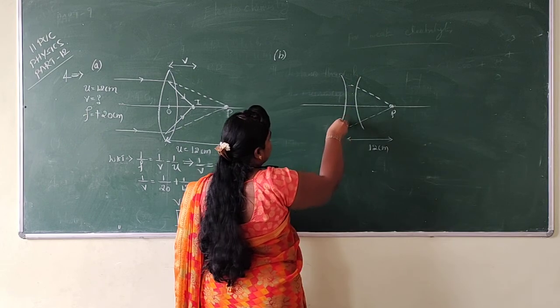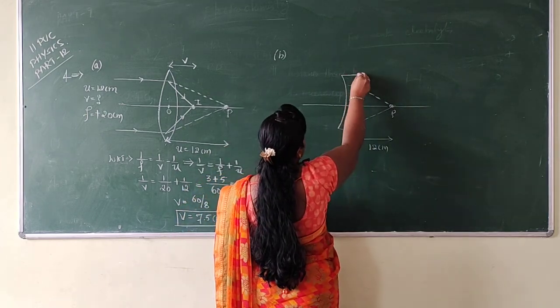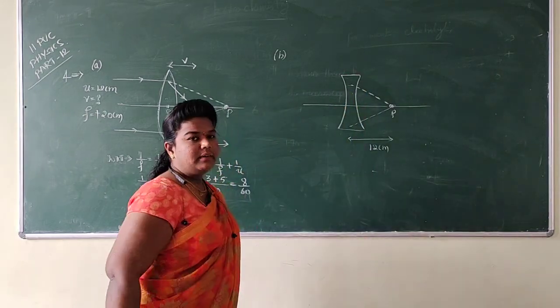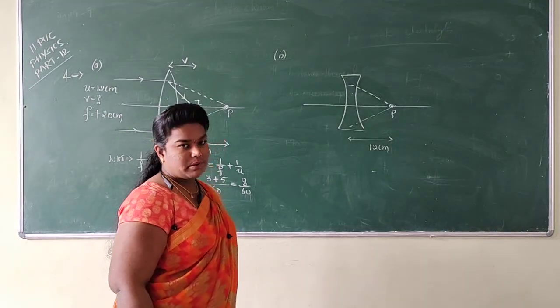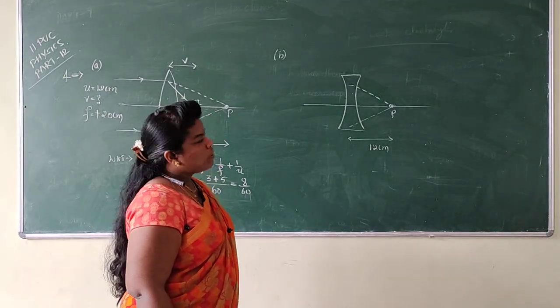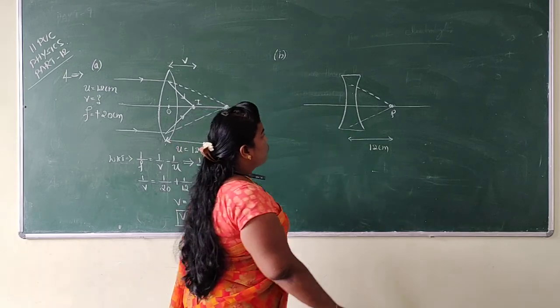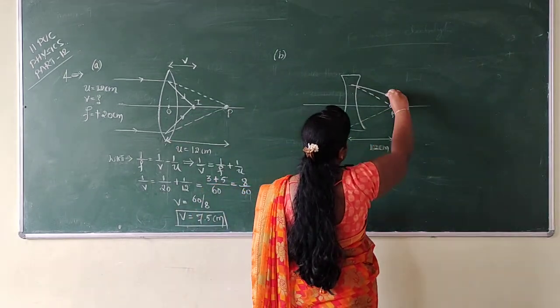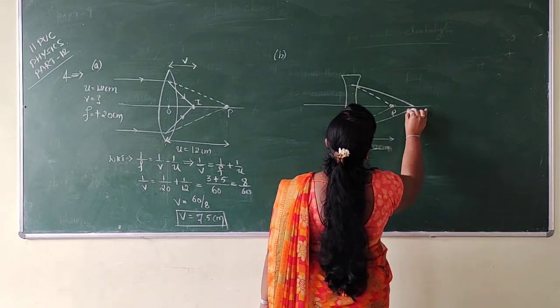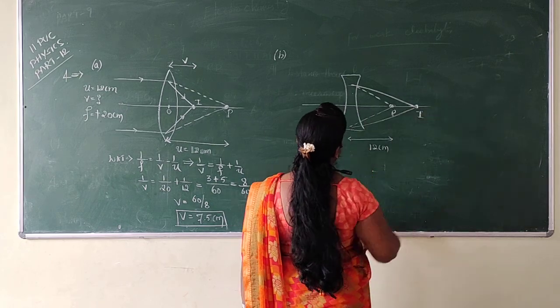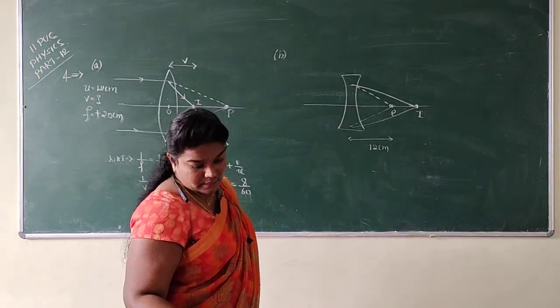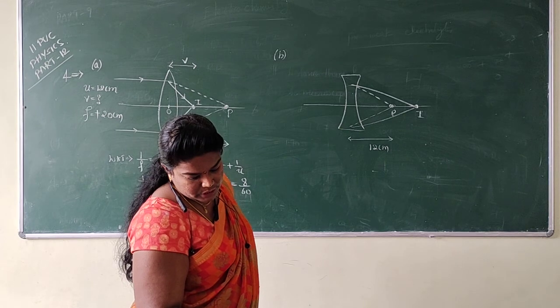So here the concave lens na place ಮಾಡ್ತಿದ್ದೀವಿ, right? Concave lens is placed here. So that P acts as a virtual object now. So after refraction, it forms an image I at this position. Dear students, here the question is like this.